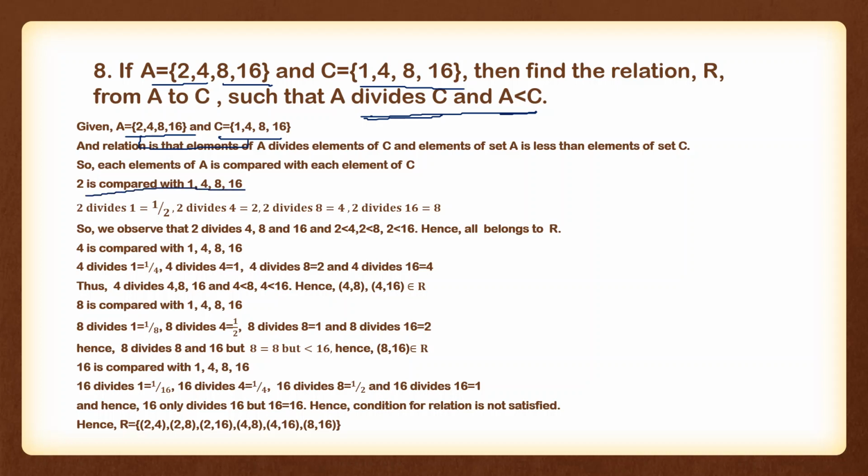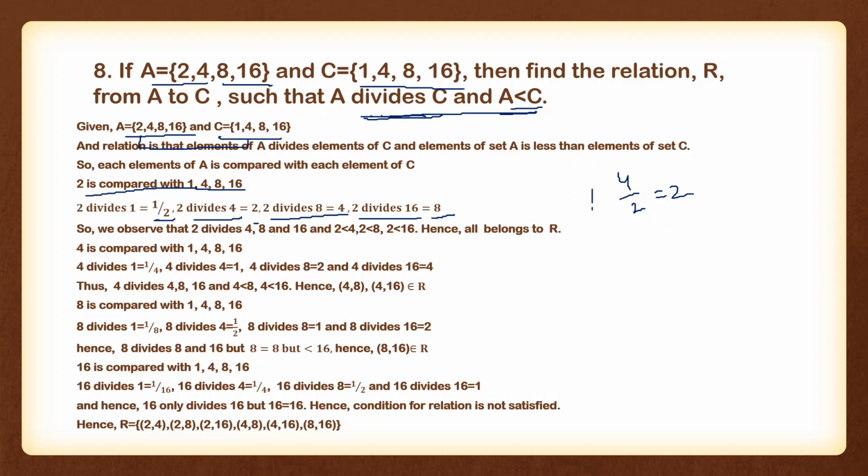When we are comparing, 1 divided by 2 gives 1 by 2. 4 divided by 2 gives 2. 8 divided by 2 gives 4. 16 divided by 2 gives 8. We have two conditions, that it should divide and it should be less than also.